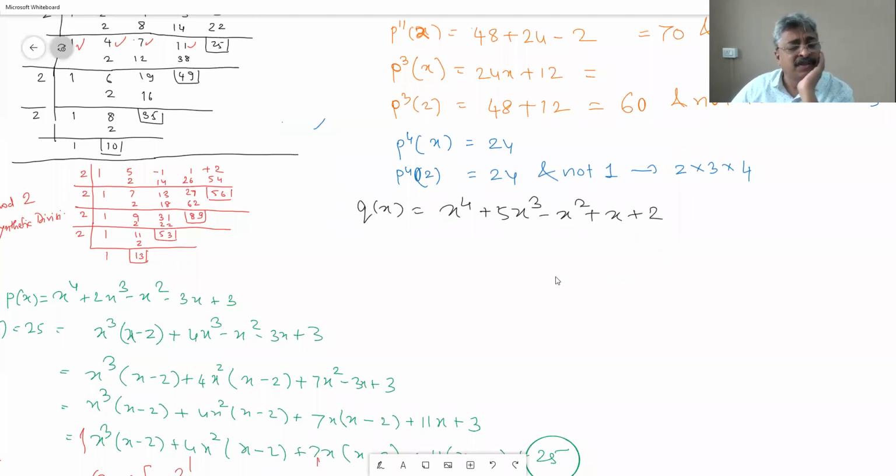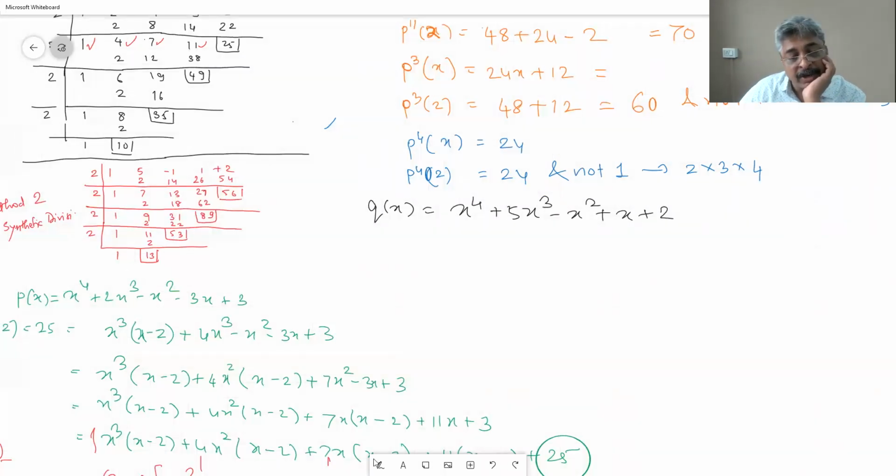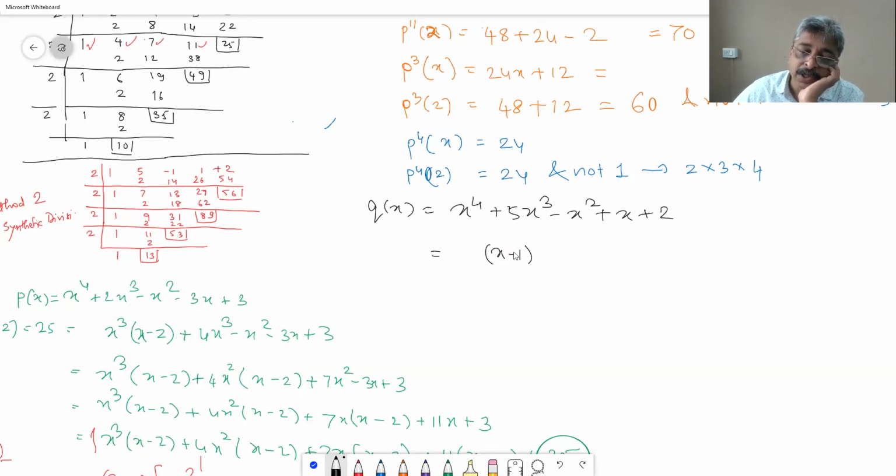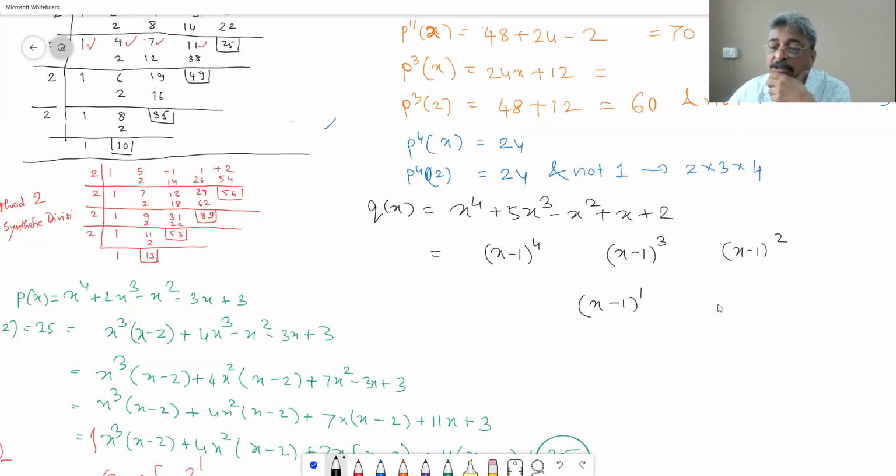If I want to write it in the powers of whatever I want, x minus 1 raised to 4, x minus 1 raised to 3, x minus 1 raised to 2, x minus 1 raised to 1.